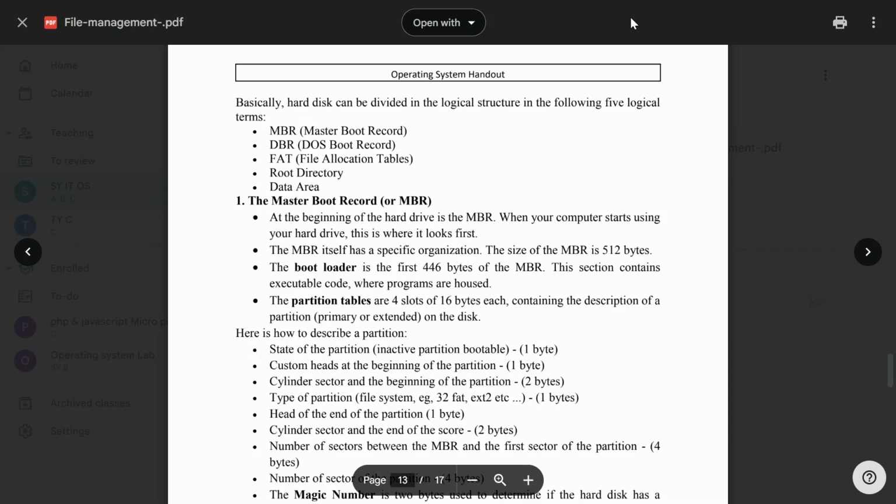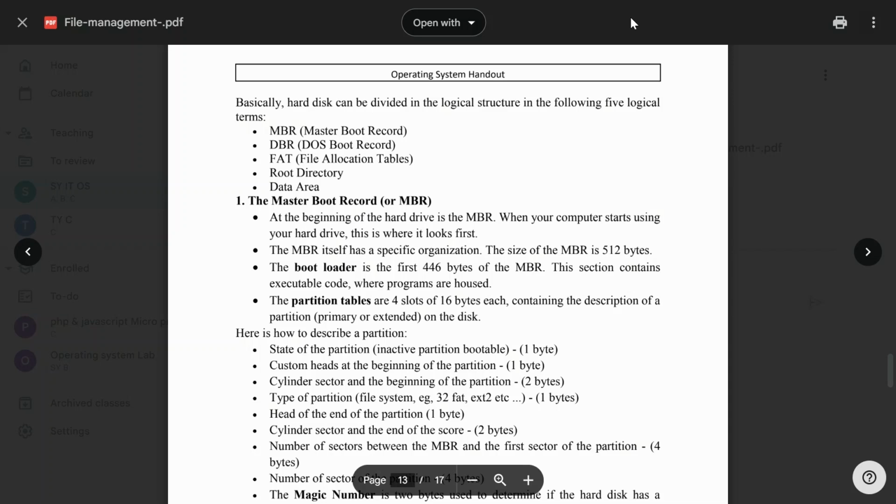This section contains executable code, and in this bootloader we are going to store the executable code where programs are housed.